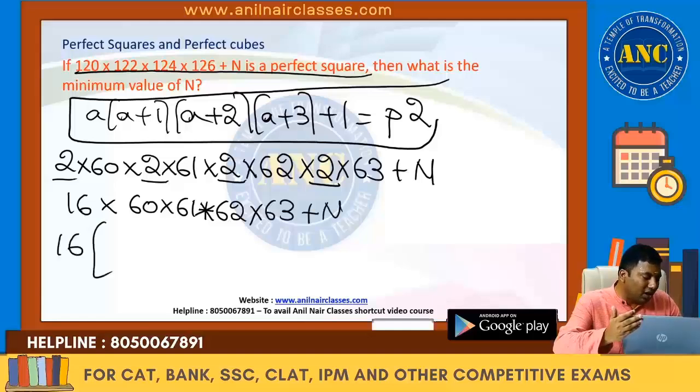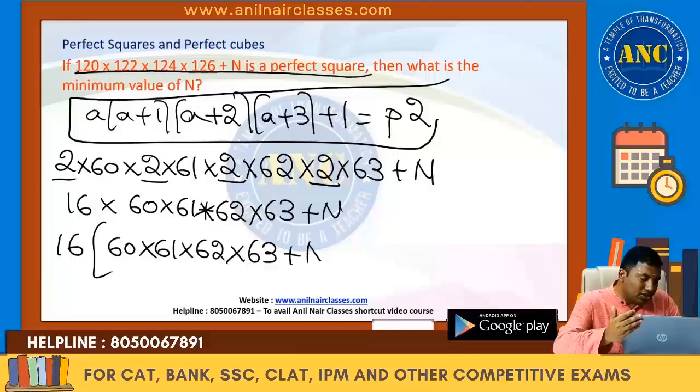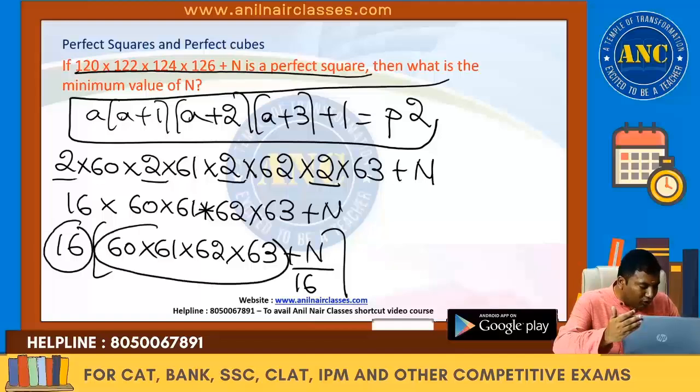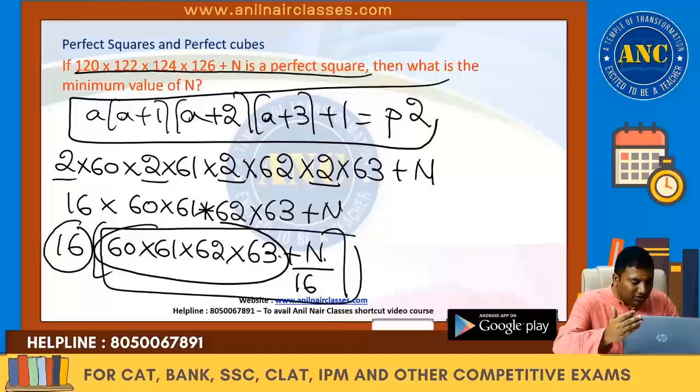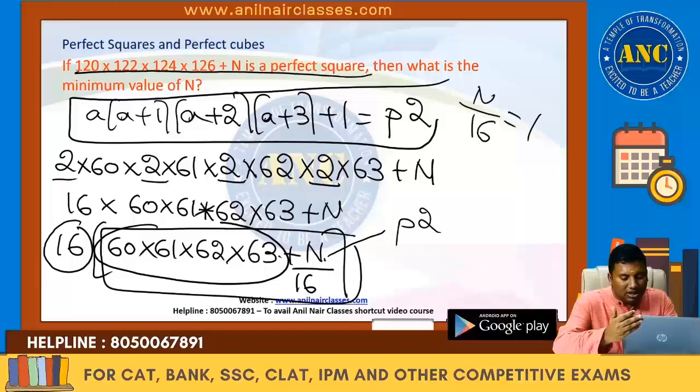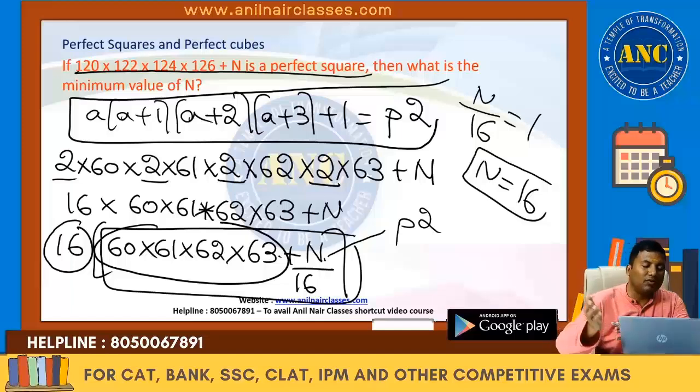If I take 16 common, it is 16 times (60 into 61 into 62 into 63 plus n by 16). 16 is a perfect square. So this is nothing but the product of 4 consecutive integers plus 1, which is a perfect square. So n by 16 should be 1. If n by 16 is 1, the n value will become 16.